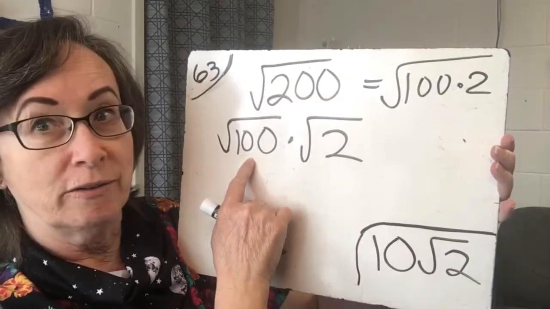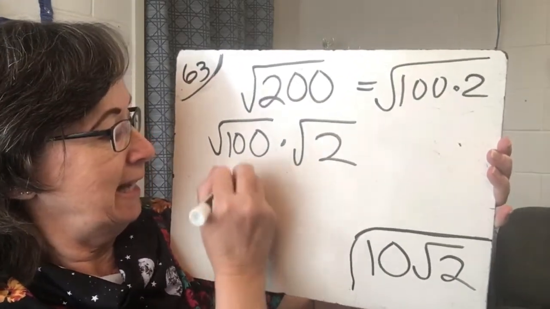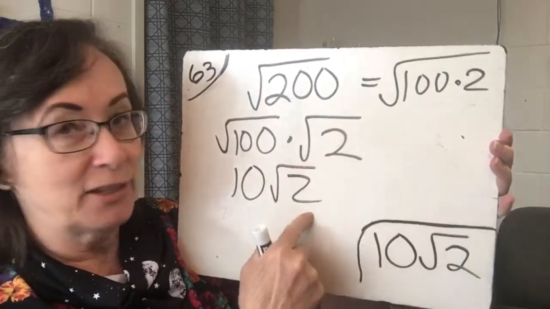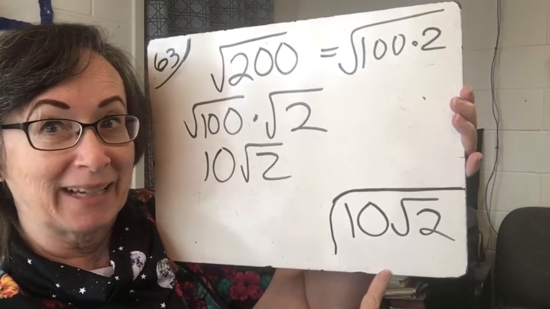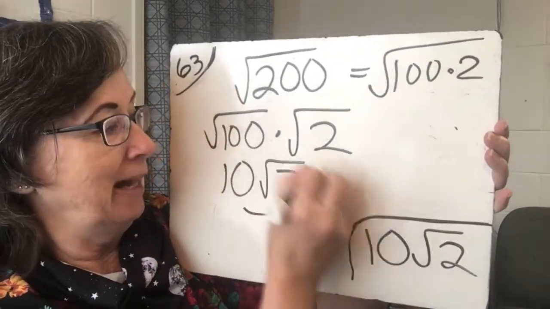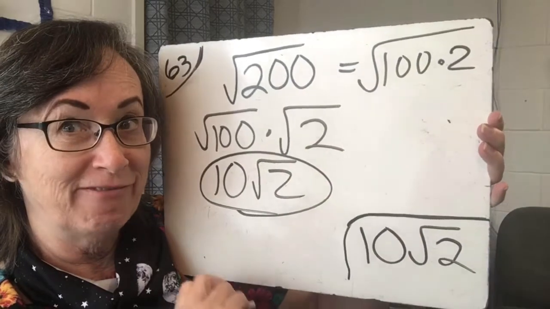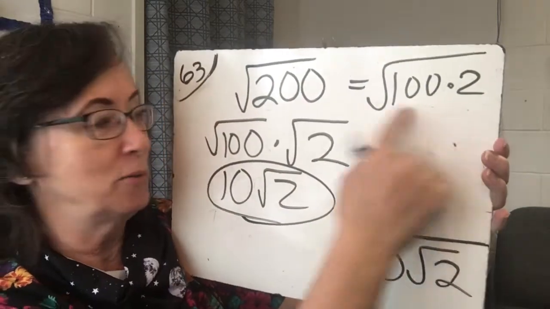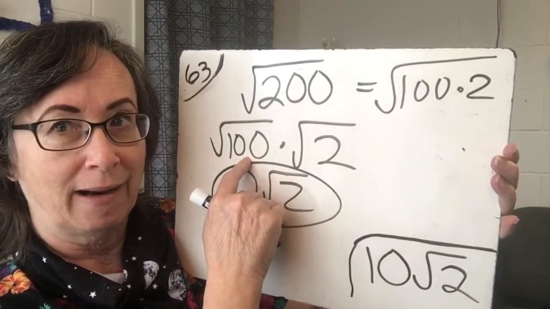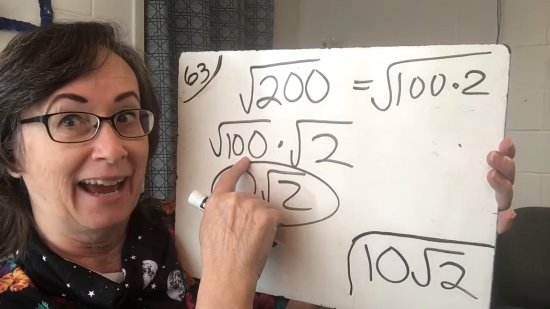So now square root of 100 is 10. We tack on the square root of 2, and that's what we got last time. But this time we got it a little bit faster because we used the perfect square instead of having to factor all of that out.